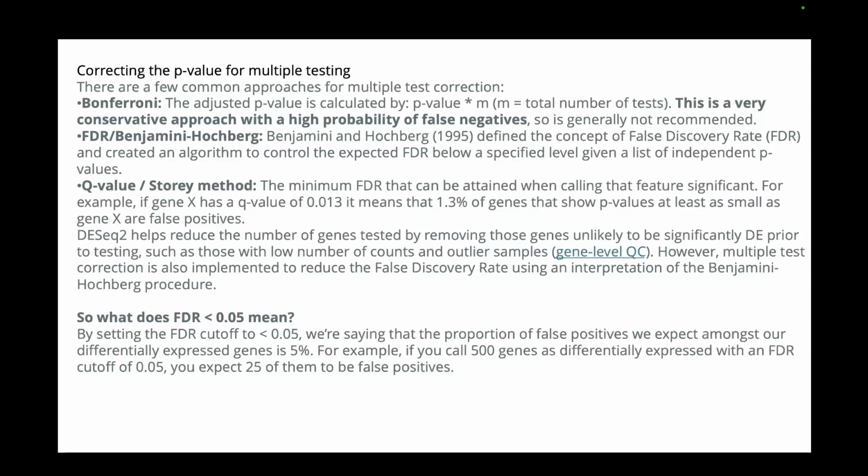For example, if you call 500 genes as differentially expressed with an FDR cutoff of 0.05, you expect at least 25 of them to be false positives. So the lower the value of FDR, the better the result is for you, the more confident you can be that the gene you claim to be differentially expressed is not a false positive. Right.